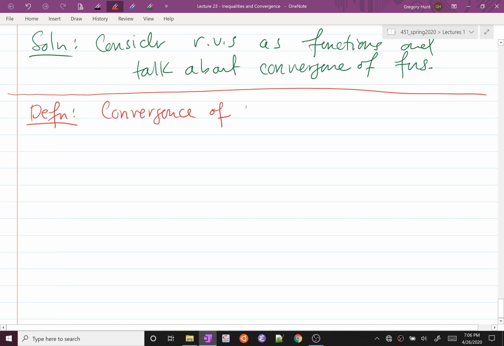Convergence of functions, pointwise. So this is called pointwise convergence of functions.